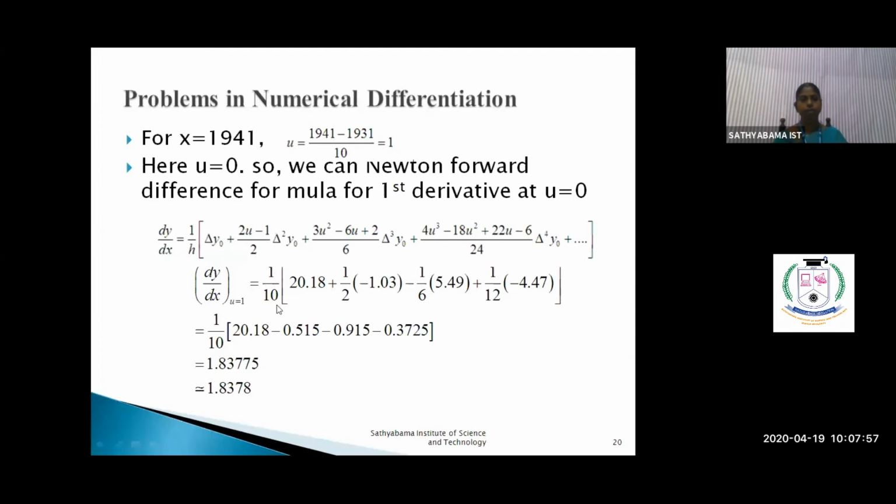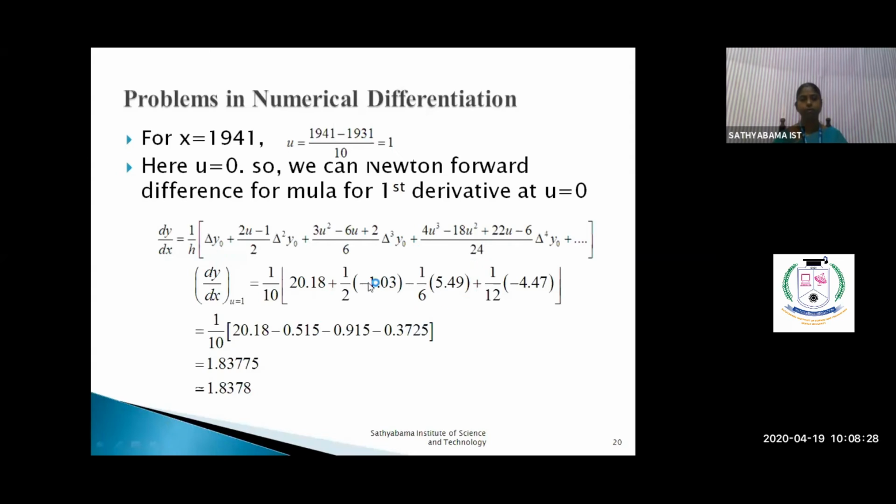Then it is 1 by 10 delta y naught 20.18, 2u minus 1, 2 minus 1 by 2 into delta square, then 3 minus 6 plus 2 by 6, it's minus 1 by 6, 5.49 is delta cube y naught. Like this, here 4u cube, so 4 minus 18 plus 22 minus 6 by 24 is 1 by 12. Then delta power 4 is minus 4.47.